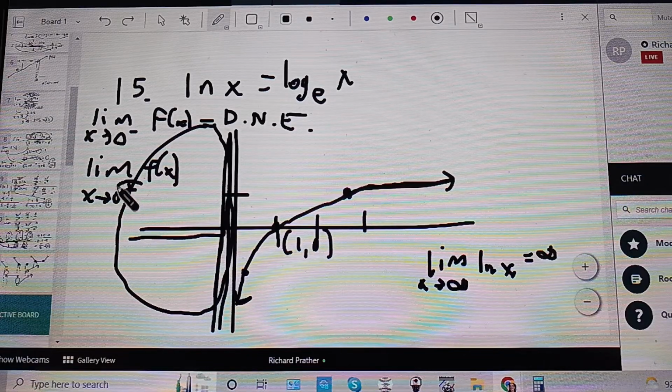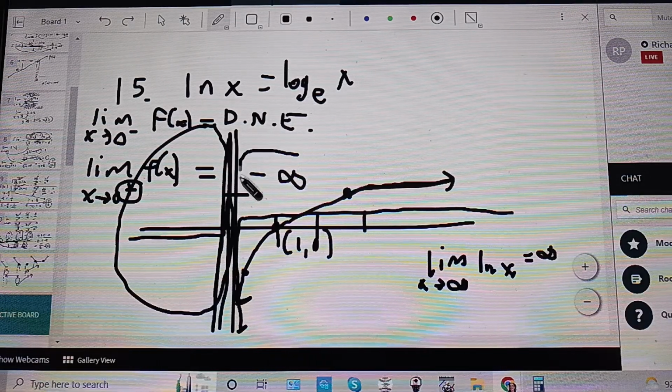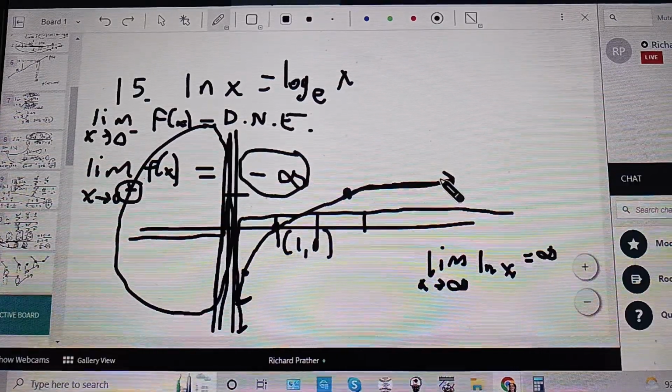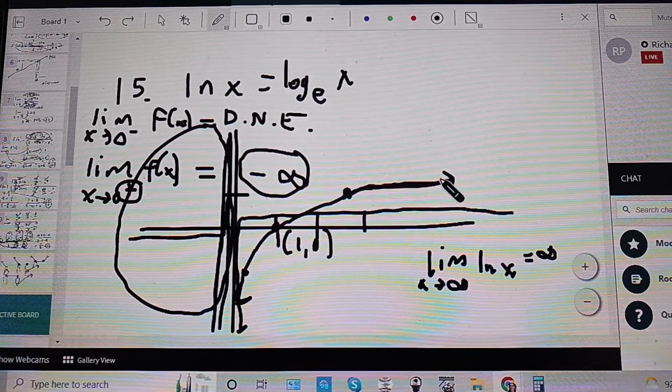But the right-sided limit might have an answer to it, actually, because there is something over here. If I come in close to 0 from the right, it's going to shoot way down to negative infinity there. So this answer can be negative infinity, which is technically not an answer also, but they specify this more than just saying it doesn't exist.